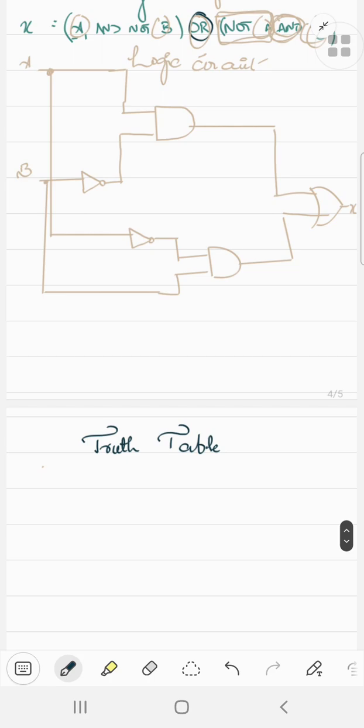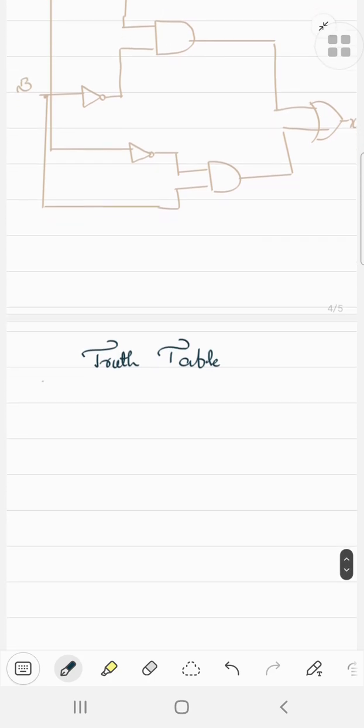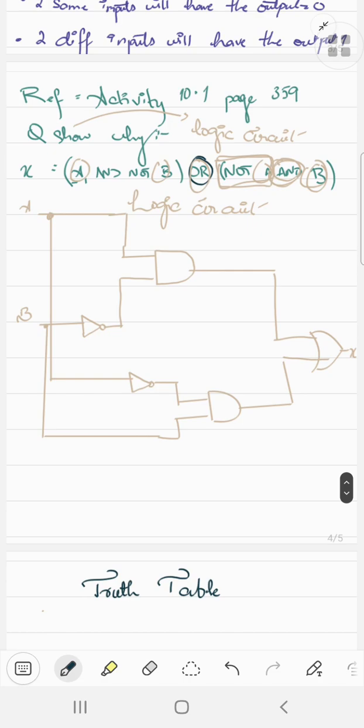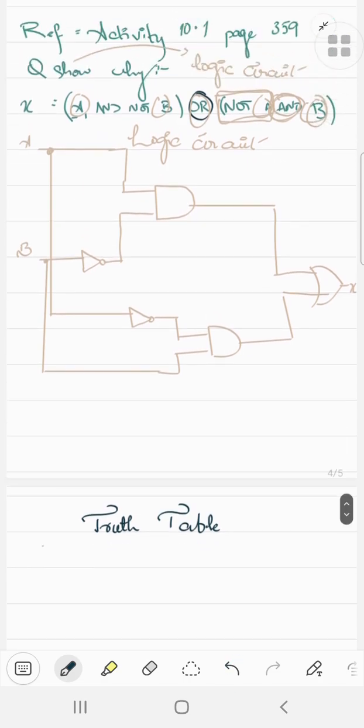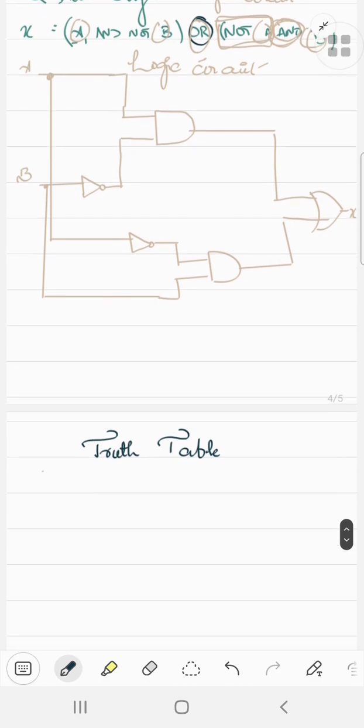Firstly, let's see the logic circuit. It's totally up to you if you want to draw the truth table from the expression, that is A is equals to A and not B, or not A and B, or you want to draw it from the circuit.